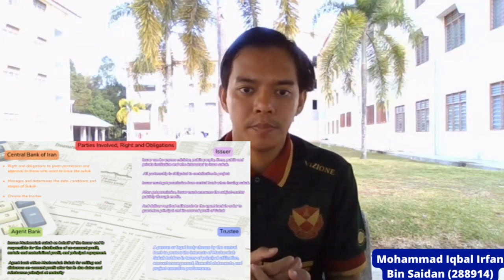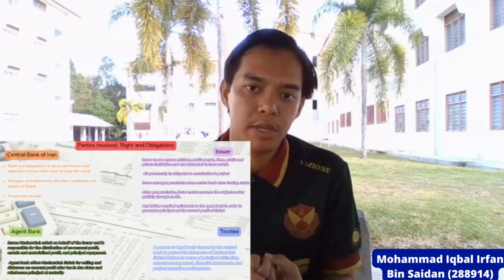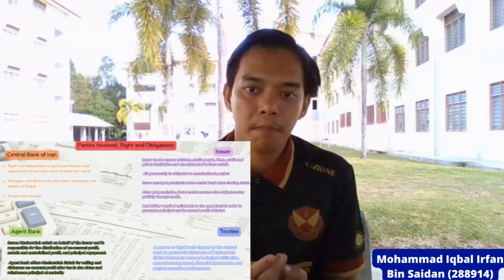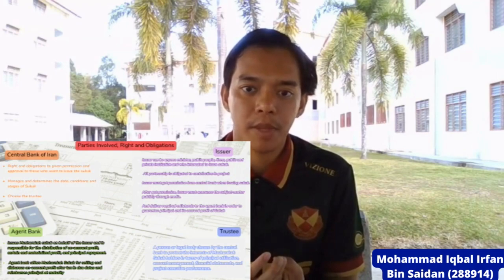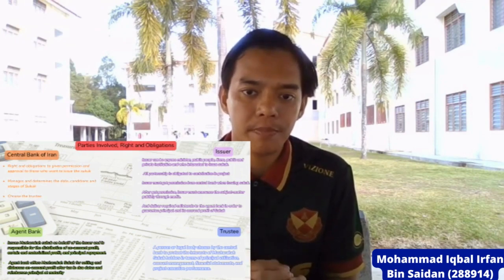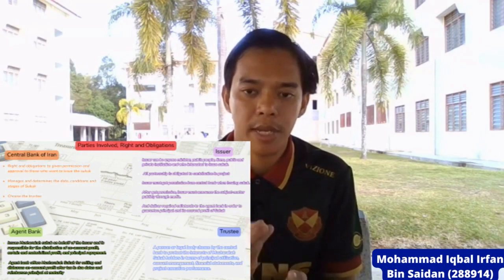Next is the issuer. The issuer can be anyone who can issue the masyarakat sukuk, like a minister, public people, government, firms, public and private institutions, and anyone that is interested in issuing the sukuk.